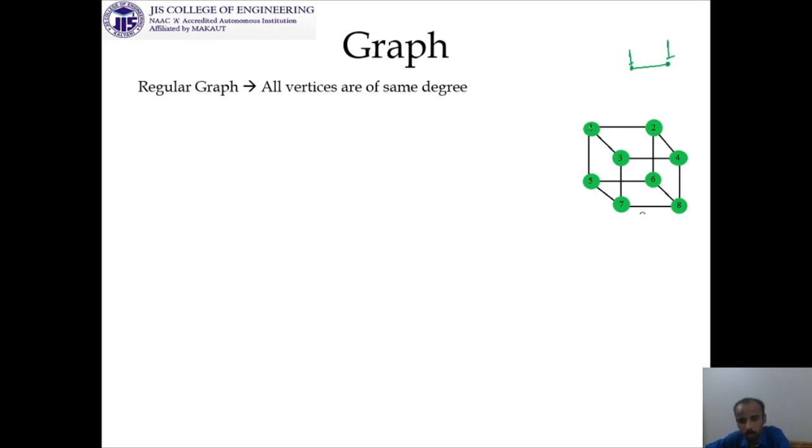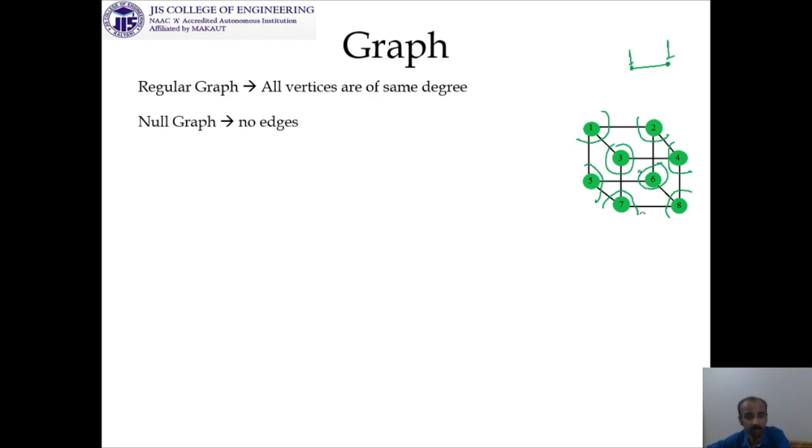This graph has 1, 2, 3, 4, 5, 6, 7, 8 vertices. But if you consider the degree, it is 3, 3, 3, 3, 3, 3, 3 and 3. So what you get? All the vertices have the same degree, so it is a regular graph.